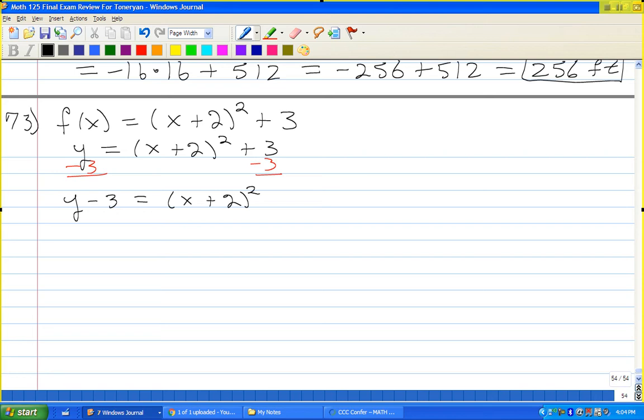And so this is just a translation of y equals x squared, and it's going to be 2 in the negative x direction, so 2 to the left, and 3 in the positive y direction, and so up 3.